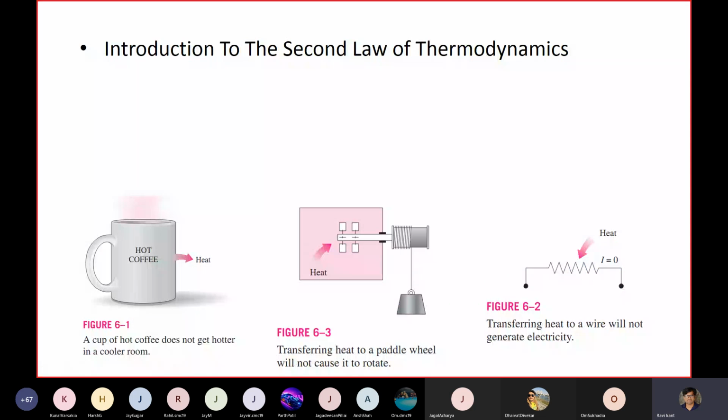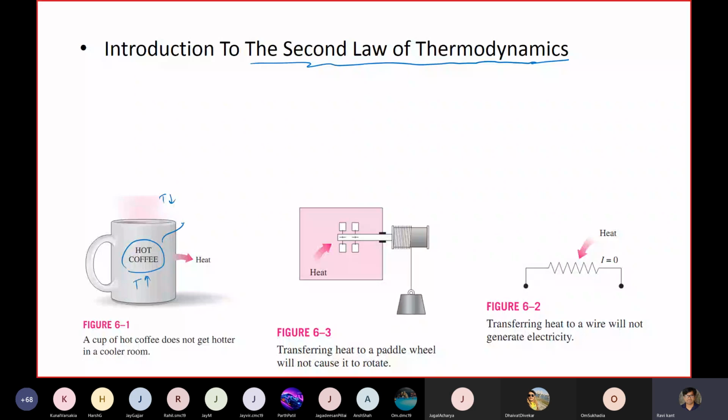Okay, so let's first talk about what exactly the second law of thermodynamics is. Before moving into the proper statement, we will take up one example. We have already seen this before, but just to give a preface, we are going to discuss it again. Let's suppose I have a hot coffee at a higher temperature, and the atmosphere is at a lower temperature.